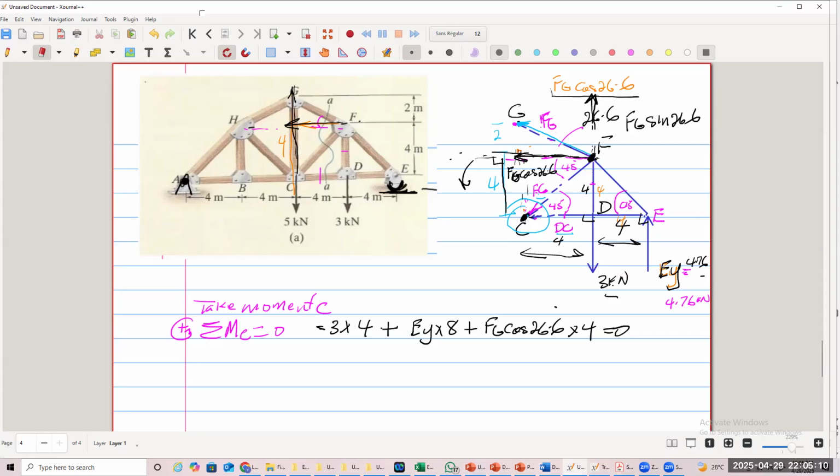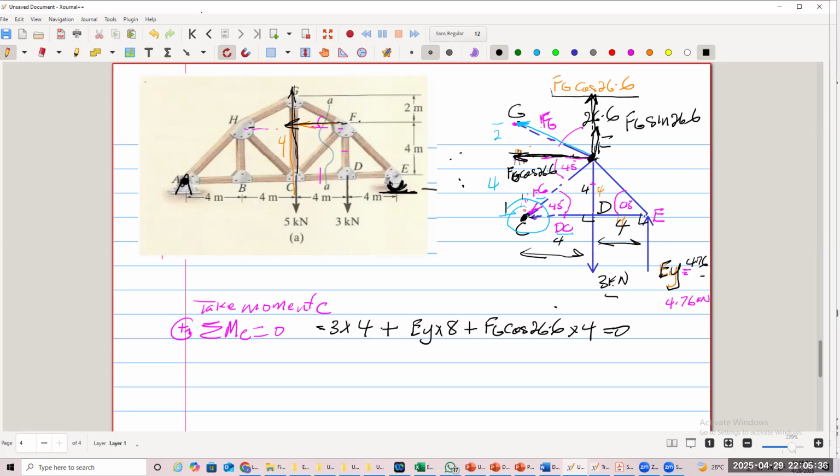One is going up and one is going down. Let me clean up the drawing. One is going here, we just did this one a while ago. Here's another one going up. The component for this force is a sine, FG sine 26.